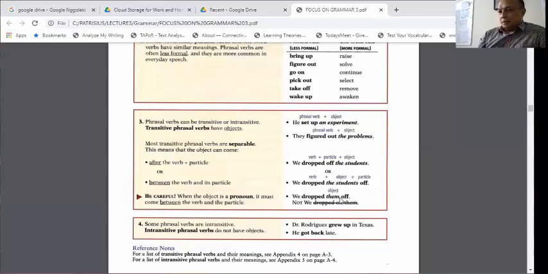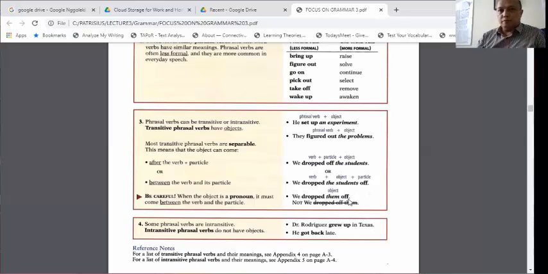But one note here is that whenever you have a pronoun, you cannot keep them together. You cannot say we drop off them. What I mean to say is that if your object is a pronoun, then you have to separate it.